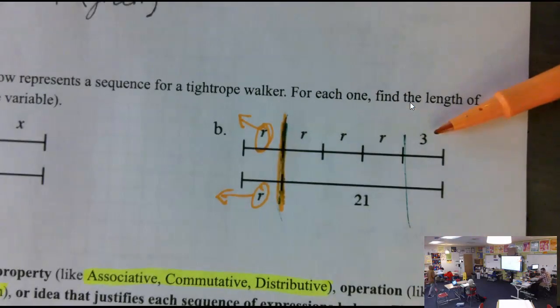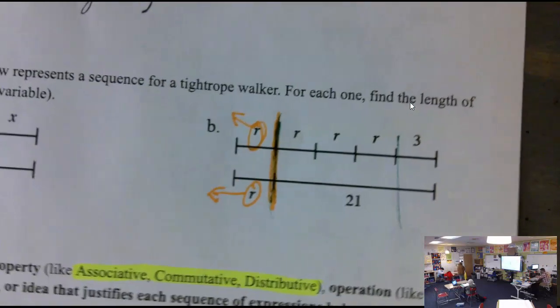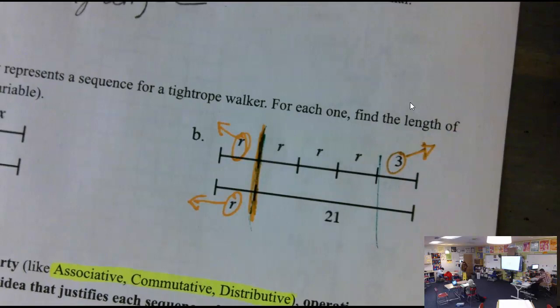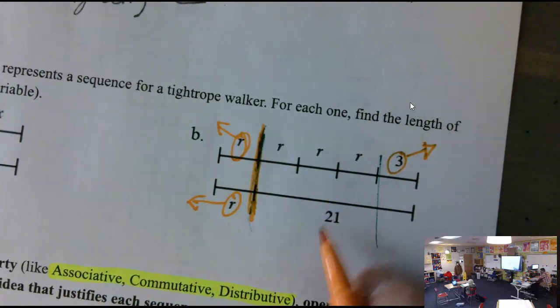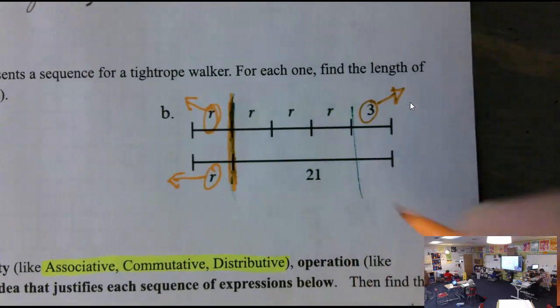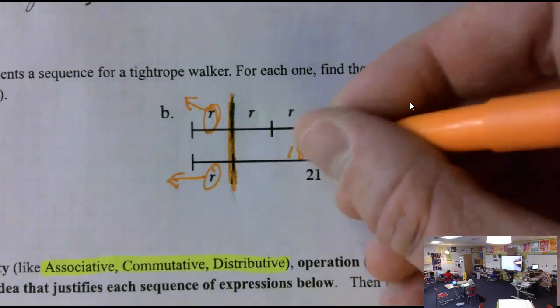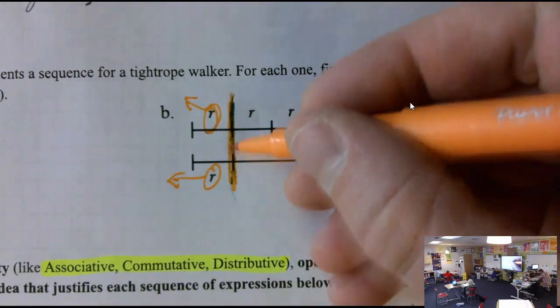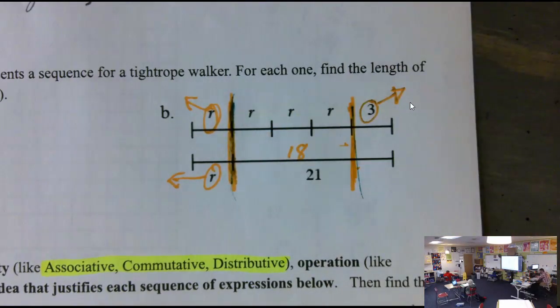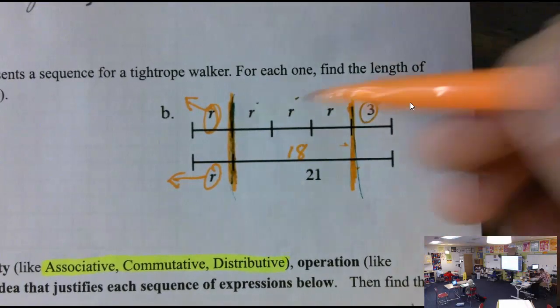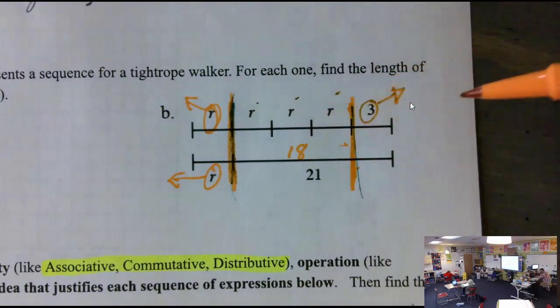I could also take 3 off of both tightropes. What happens if I take 3 off the bottom tightrope here? It turns into 18, so I can draw a line right here and say what's left over is 18 from here to here. And that 18 is 3R, so what does each R need to be? 6.